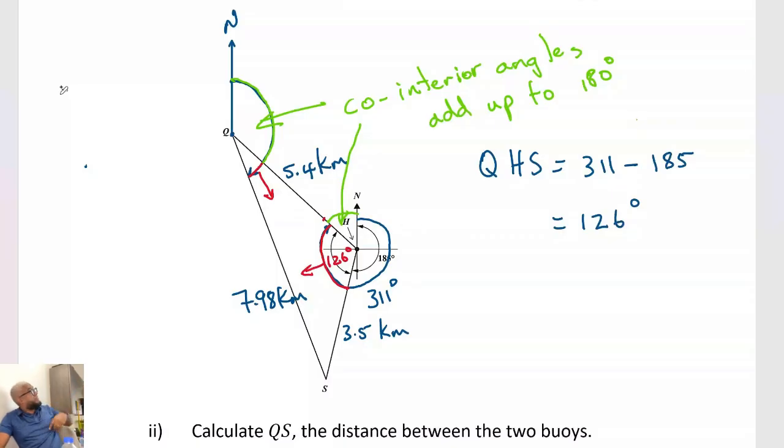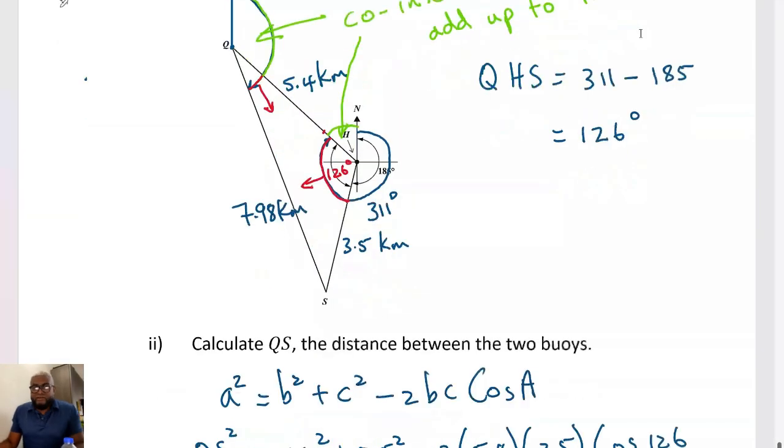How are we going to find that angle on our side? How are we finding this angle here? 360 minus what? 311. Boom, bang. A complete revolution is how much? 360, but we have from here to here is 311, right?